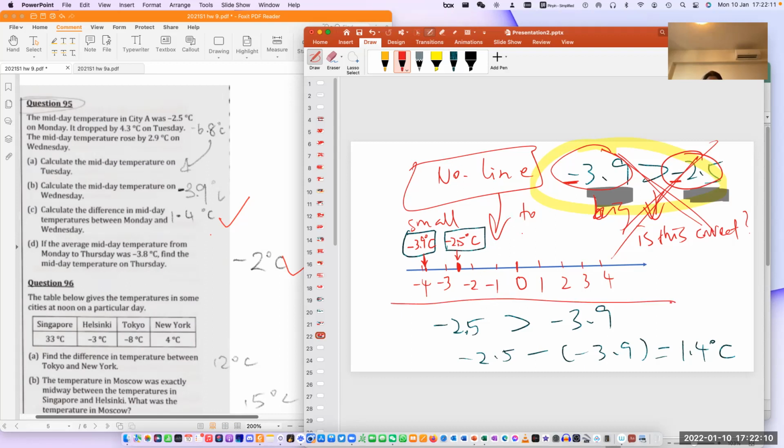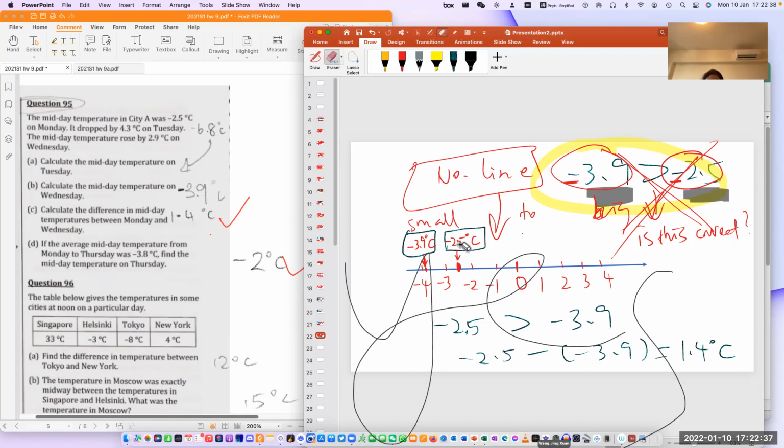Very clear. So the significance of using a number line is to help you decide. If you have a few negative numbers, then you can actually tell which is bigger, which is smaller. Are you clear? Okay, good. Thanks.